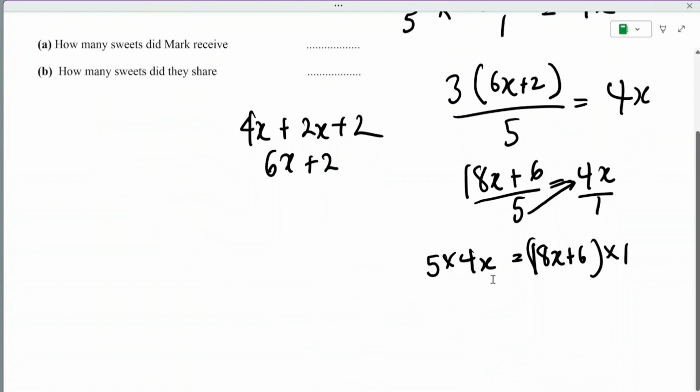We have 5 times 4x will give you 20x. It's 5 times 4, that's 20. Then you join the x to the 20. Equals, anything times 1 is that same thing. 1 times 18x will give you 18x. Then the 1 also affects the plus 6. 1 times plus 6 will also give you plus 6.